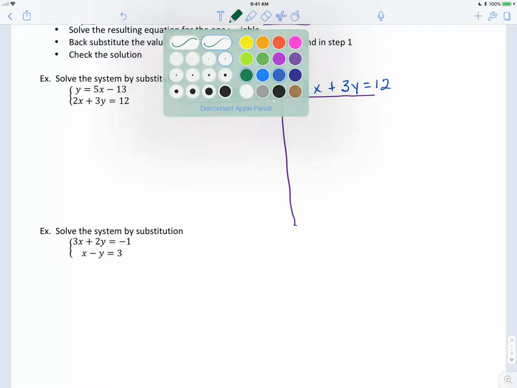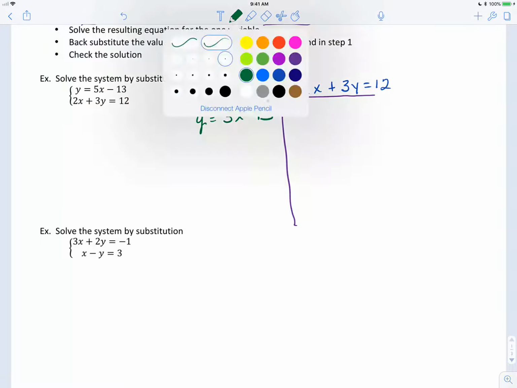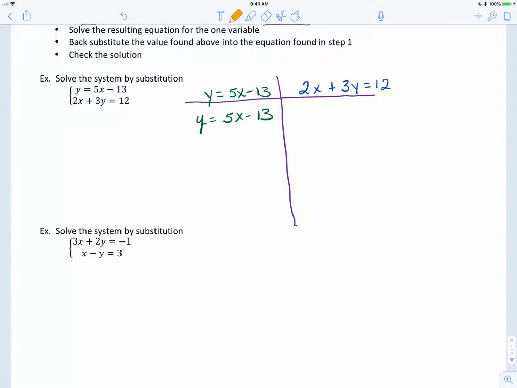So we want to take one of the equations. Well, this one is already solved for the variable y. So y is equal to 5x minus 13. Well, if we know that this is what y is equal to, then we just take this and stick it in the other equation for the y.